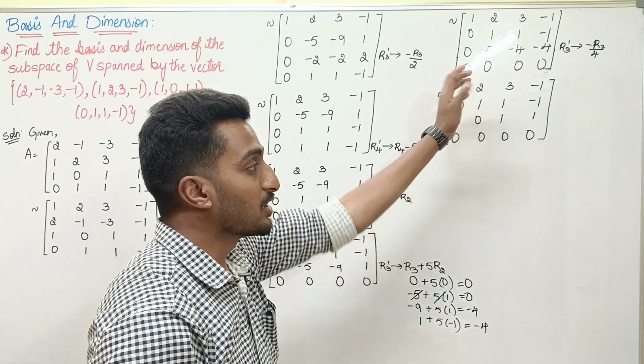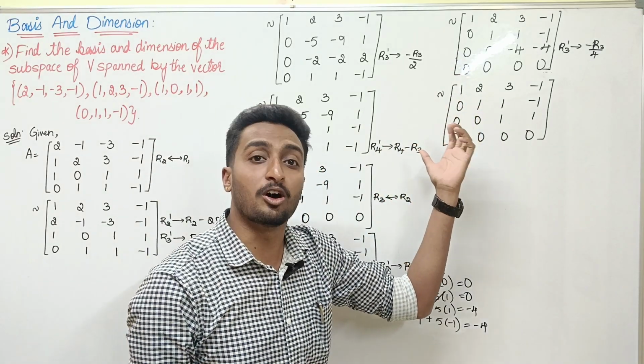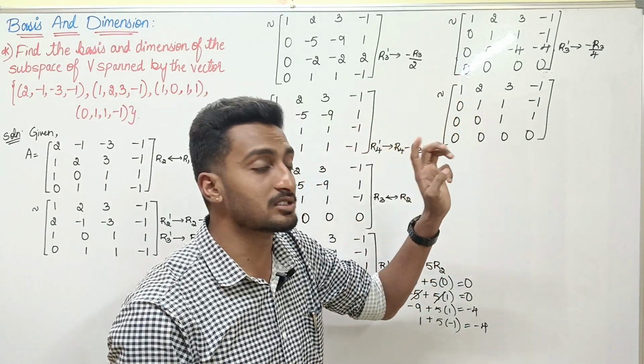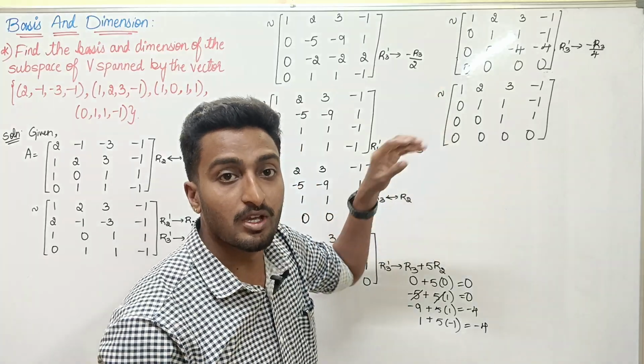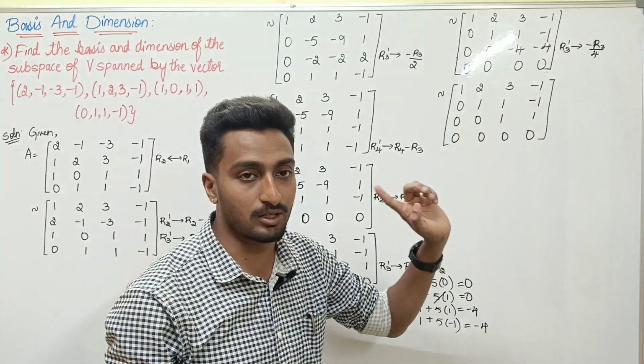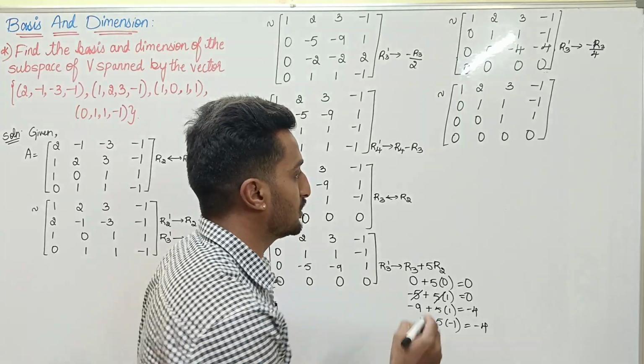Now after this, see how many non-zero rows there are. We have 3 non-zero rows: 1, 2, 3. How many zero rows are there? A single row. Now how to conclude?